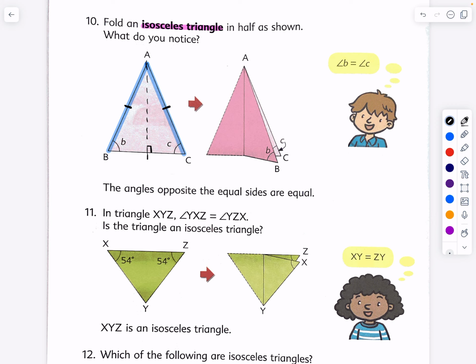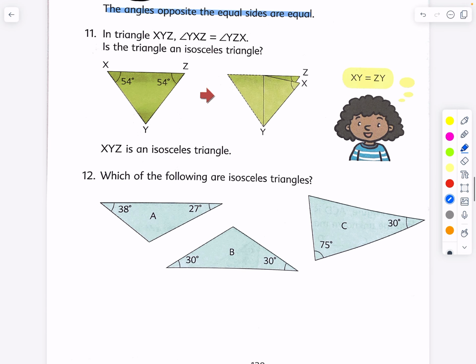If we fold it and line up angles B and C, we realize that angle B equals angle C. Therefore, in isosceles triangles, the angles opposite the equal sides are equal, meaning angle B is the same as angle C. Many geometry problems come up from this simple theorem.